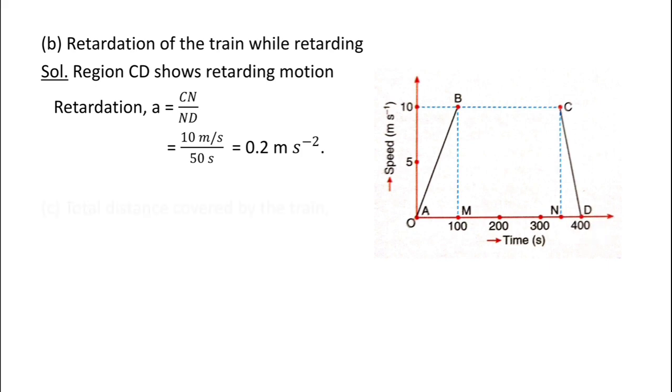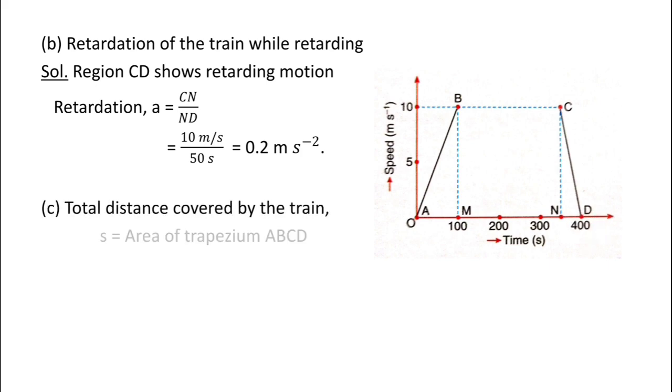Hence we can write the total distance covered by the train S is equal to the area of trapezium ABCD. And you know that the area of a trapezium is equal to half of the sum of parallel sides into the perpendicular distance between them. So here in this trapezium ABCD, you can see that AD and BC are two parallel sides and BM is the perpendicular distance between them.